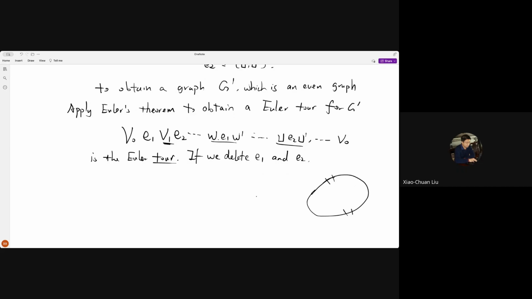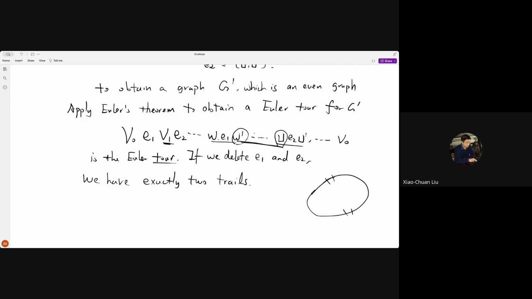So the claim is that if you delete e1 and e2, we have exactly two trails. One trail starts from w prime and ends at u.